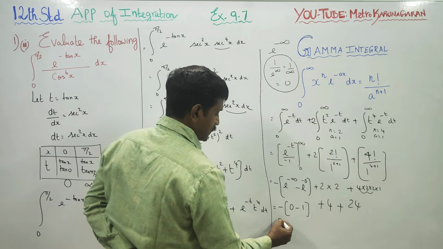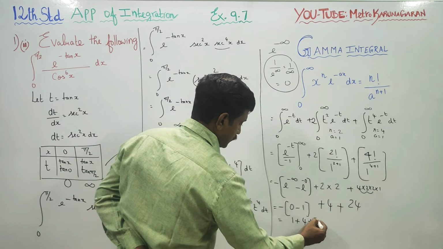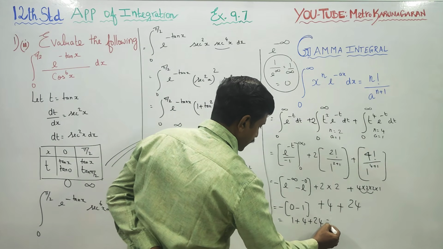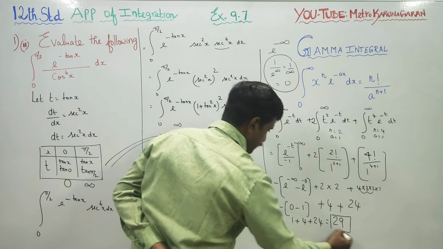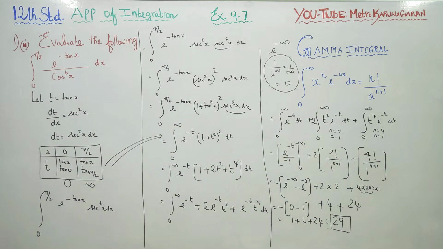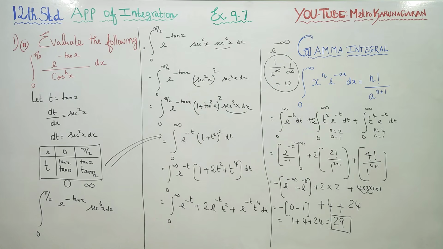This minus into minus becomes plus 1. So 1 plus 4 plus 24. Therefore your answer will be 29, the final answer of this sum. Through the substitution method we reach the gamma integral derived form, and using that derived result you can reduce the work. Okay, thank you.